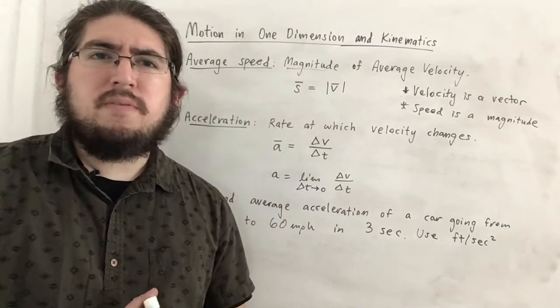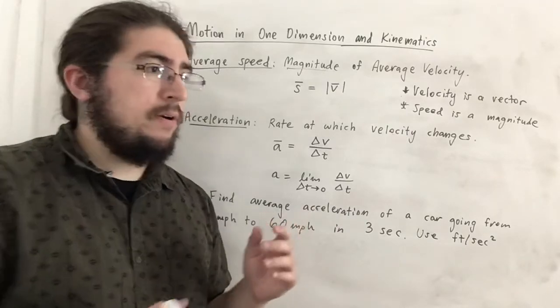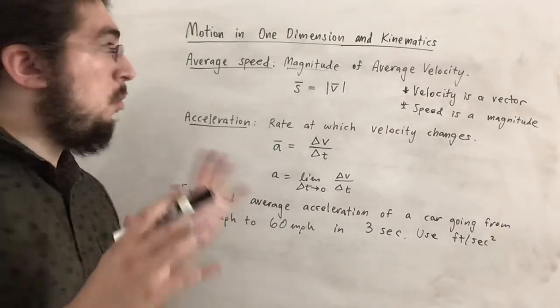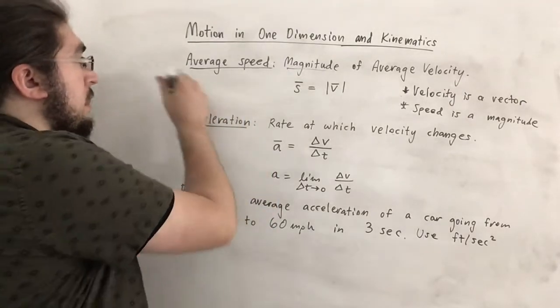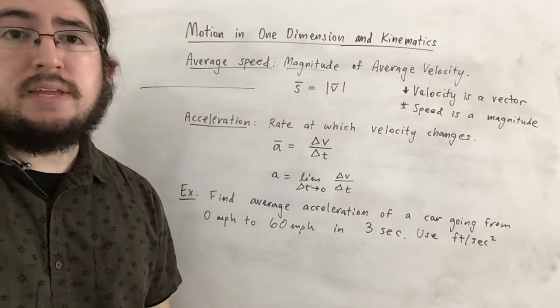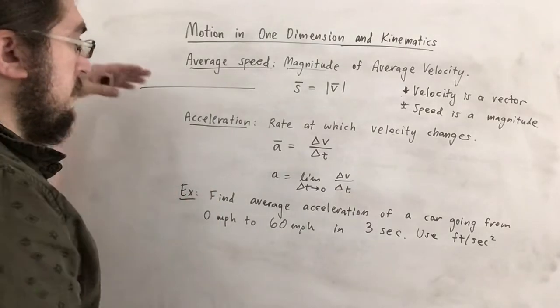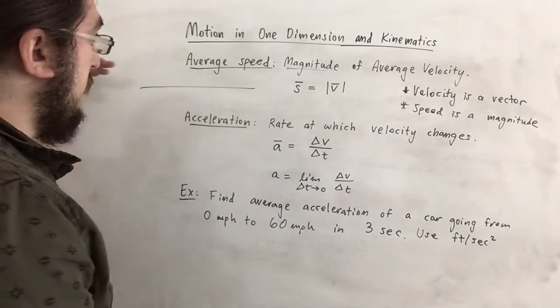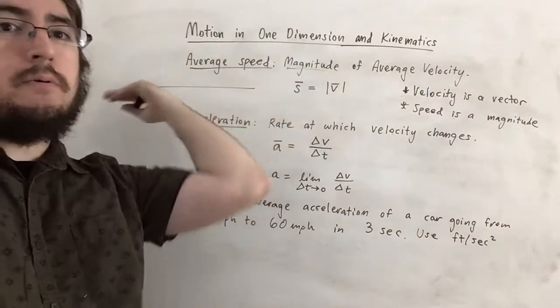Now what would it mean for a velocity to be negative? It would mean that you're going that speed in the opposite direction. So what one dimension really means is we're traveling on a line. Traveling on a surface is a really nice way of thinking of it. So you can imagine, let's say, a car or a plane moving along this line. So either the car can go this way or it can go backwards.